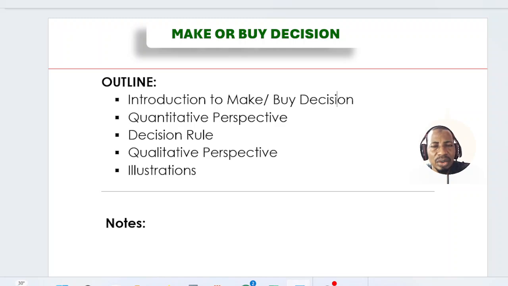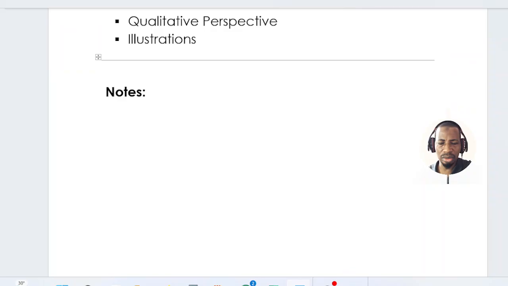Under the quantitative perspective, it represents the process of comparing the supplier's quotation with the relevant cost of making the component in-house, whether it will result in a saving or deficit to the organization. You can use the format below whenever you want to carry out the economic analysis of the decision to make or buy the component.